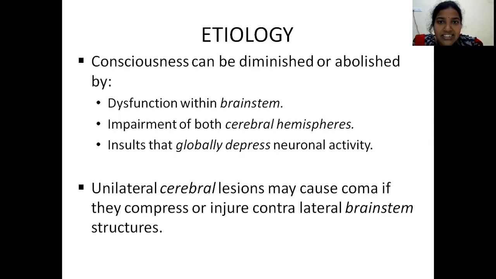Etiology: consciousness can be diminished or abolished by dysfunction within the brainstem, impairment of both cerebral hemispheres, or insults that globally depress neuronal activity. Unilateral cerebral lesions may cause coma if they compress or injure contralateral brainstem structures.